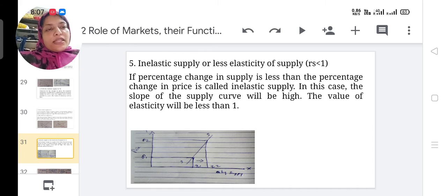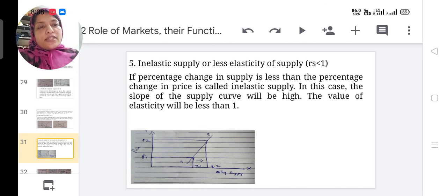If the percentage change in supply is less than the percentage change in price, it is called inelastic. In this case, the slope of the supply curve will be high. The value of elasticity will be less than 1. In the case of high elastic, it was more than 1, but here the value will be less than 1.